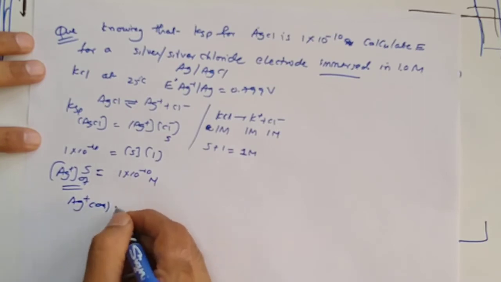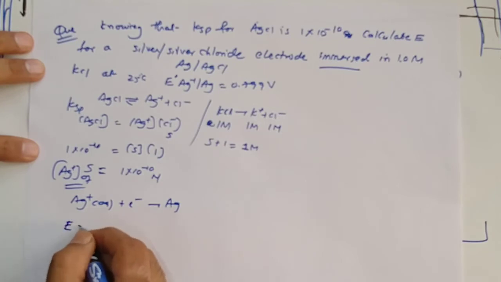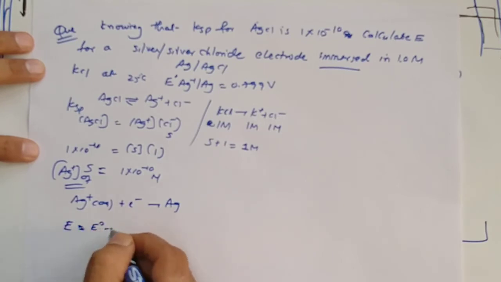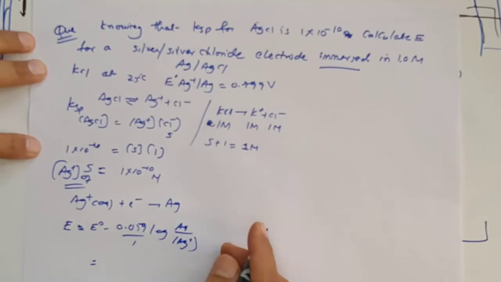Now Ag plus plus electron gives Ag. So E equals E degree minus 0.059 upon 1 log Ag upon Ag plus.